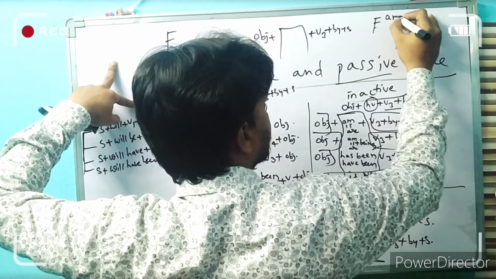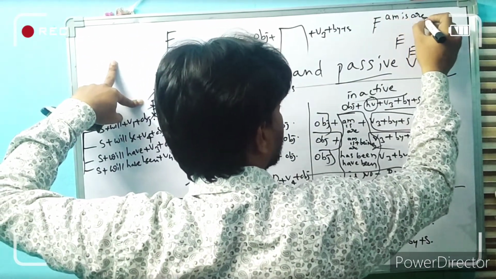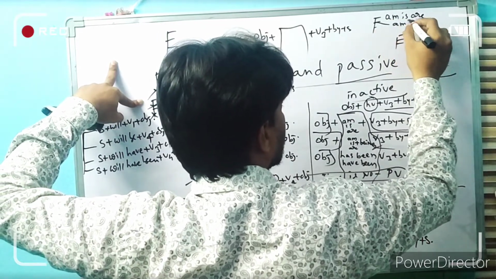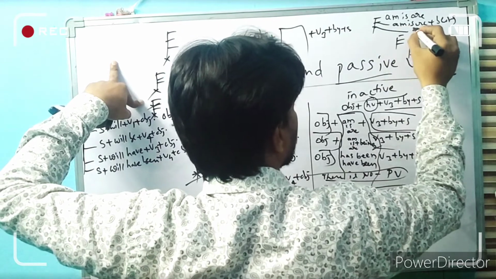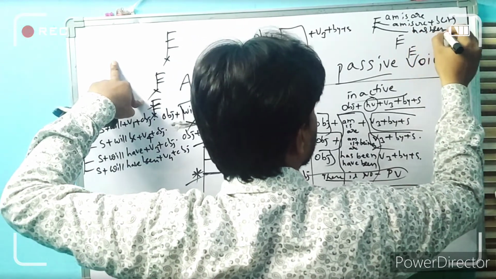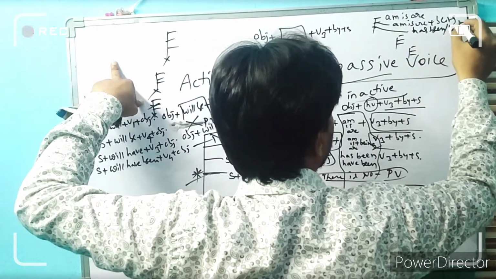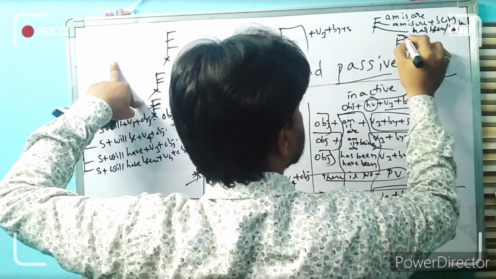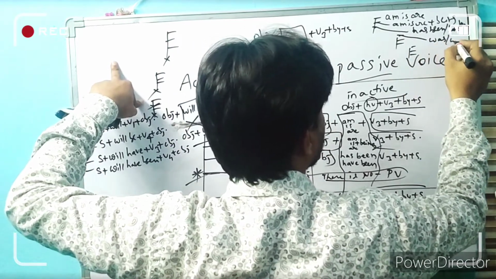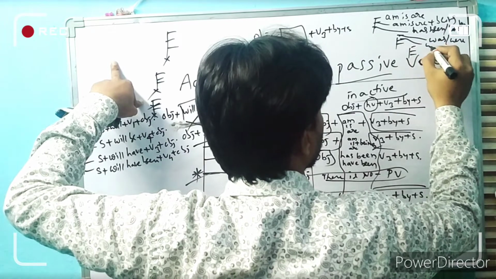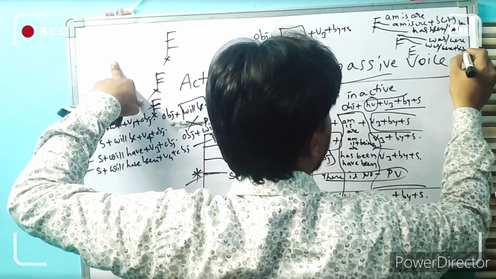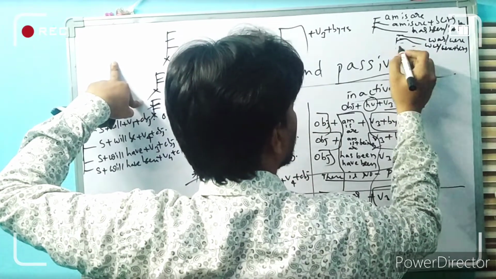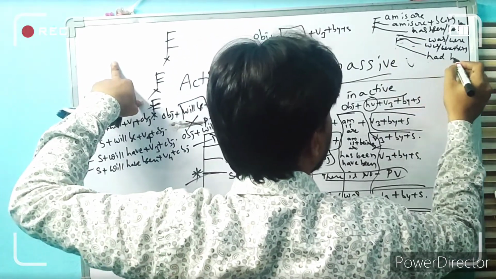So they are am, is, are, plus being, has been, have been. Past tense: was, were, being, had been.